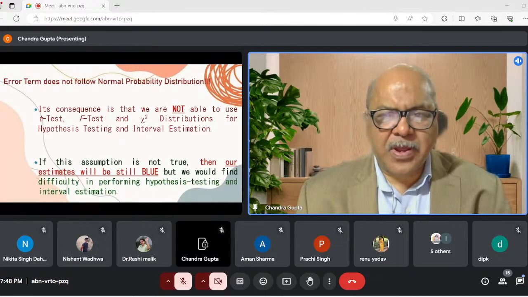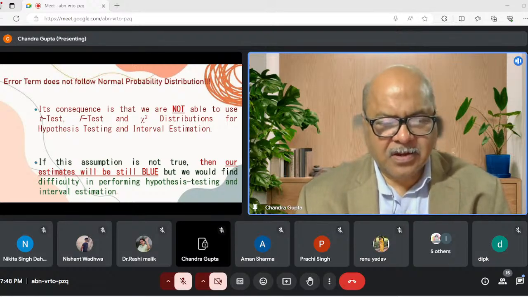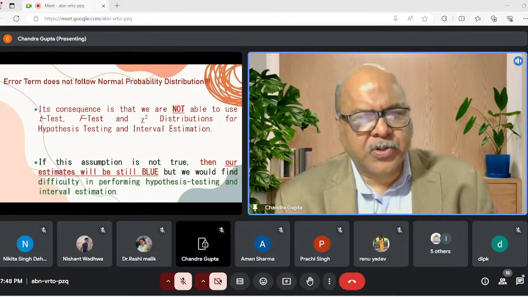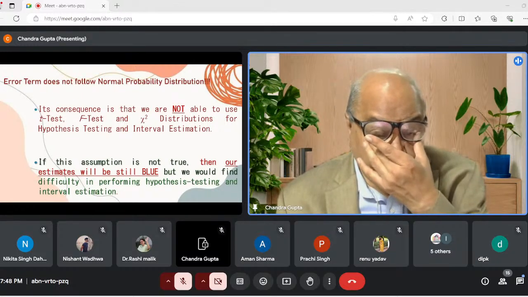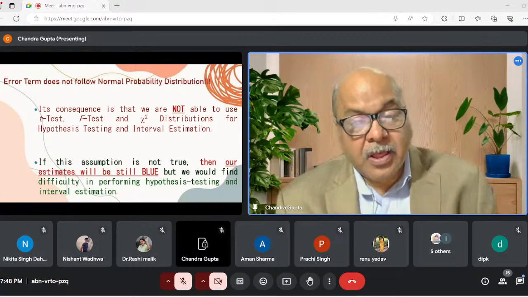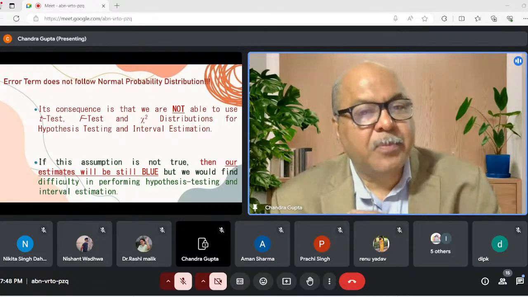I will not be able to make use of T statistics, F statistics, chi-square, which are based on the assumption that the underlying distribution is a normal distribution. So all hypothesis testing cannot be done if the error term is not following normal probability distribution. But interesting thing is my estimate will still be BLUE.